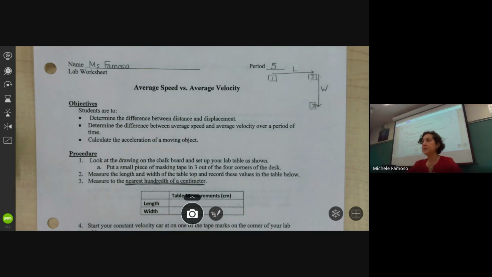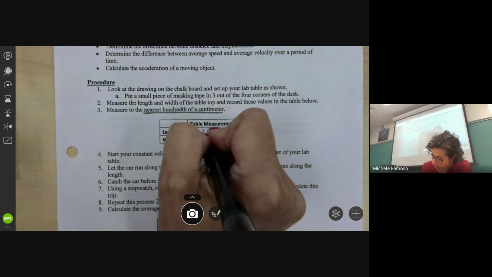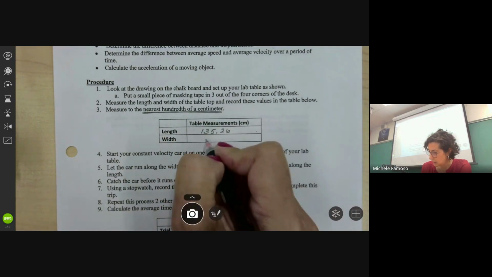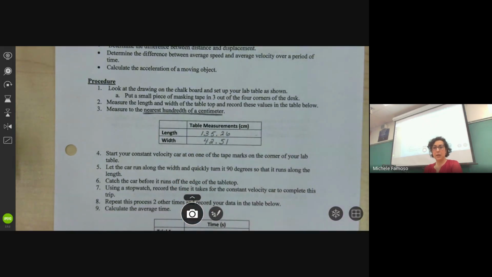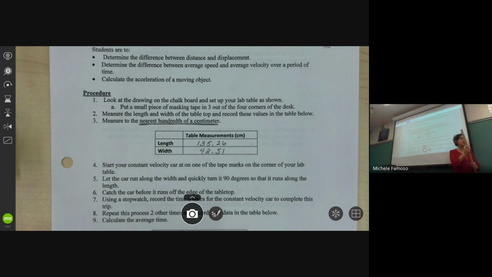And I'm just going to make up some numbers. Once you have the length and the width, I'll take those meter sticks back. And let's say 42.51. Once you have both of those measurements recorded to the correct precision, you can bring those meter sticks back up to me.